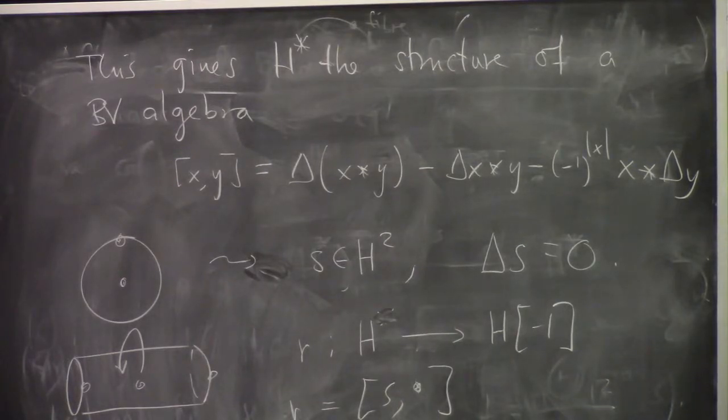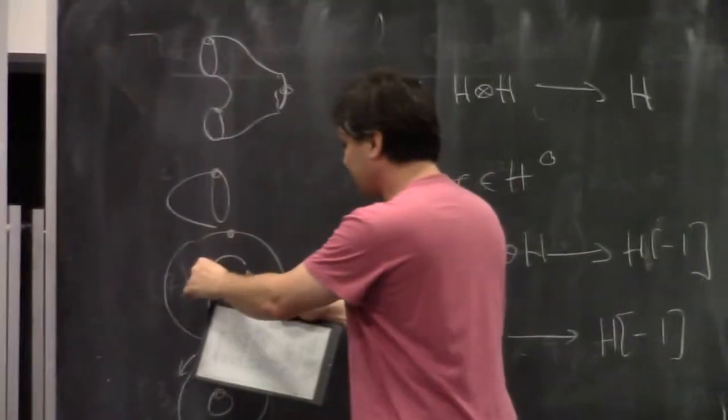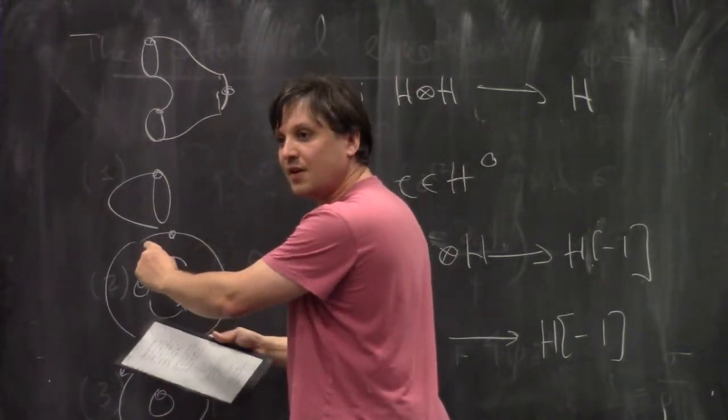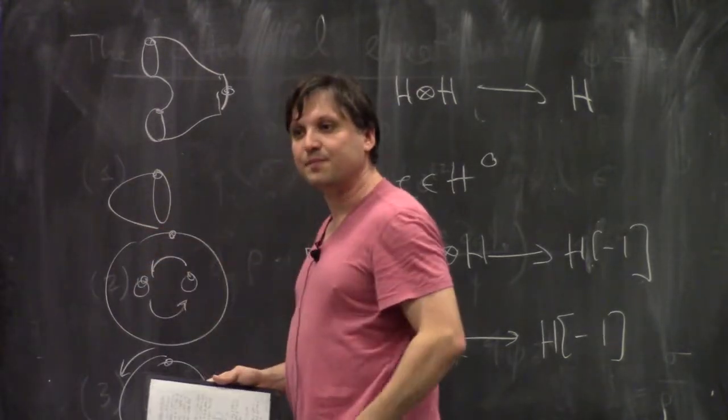Can you explain the bracket again? The bracket is just, you take these guys here, this has 2 inputs and an output, okay? And you take these 2 input circles and you move them around each other and make a full rotation while having the markers point up.